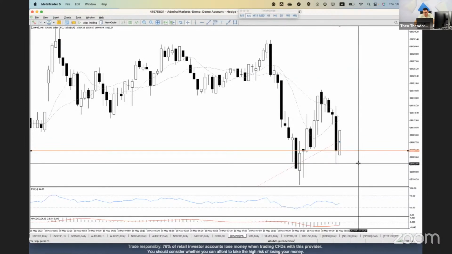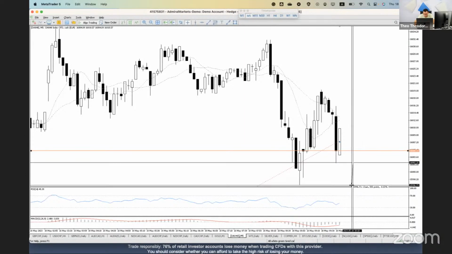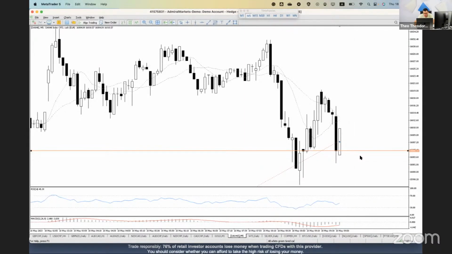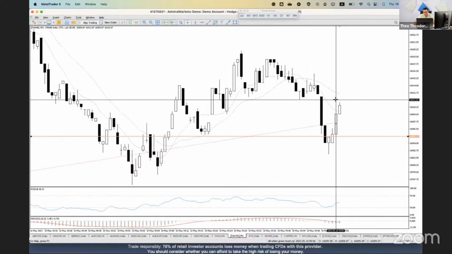The 5-minute chart gives us a very, very nice swing here, and that's what I really love. That's the best way of price behavior.